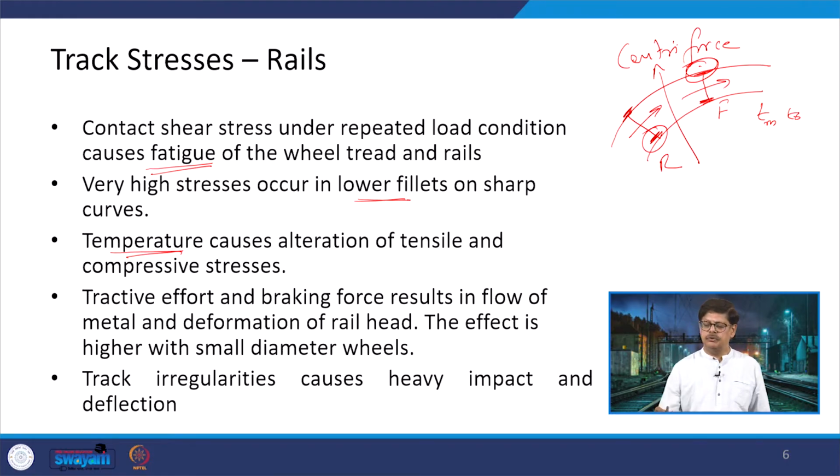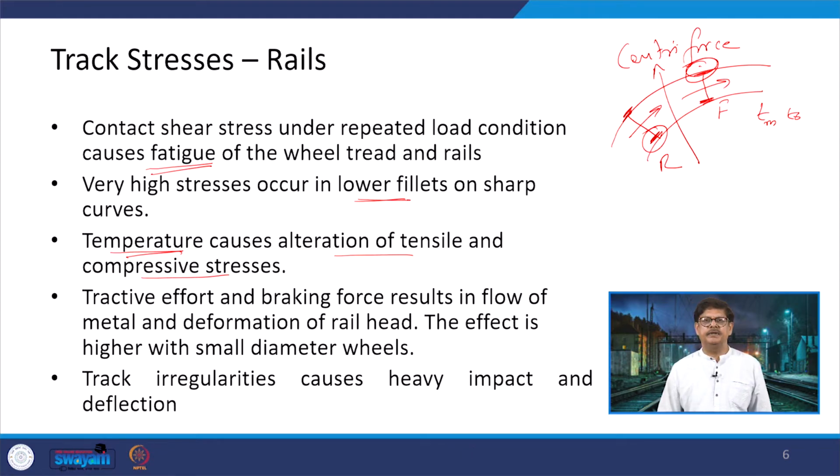So, with respect to the laying temperature of a rail, the temperature in the air can go up and come down, and that will cause expansion or contraction of the rail. Because of that expansion and contraction, tensile and compressive stresses are induced in the rail section.